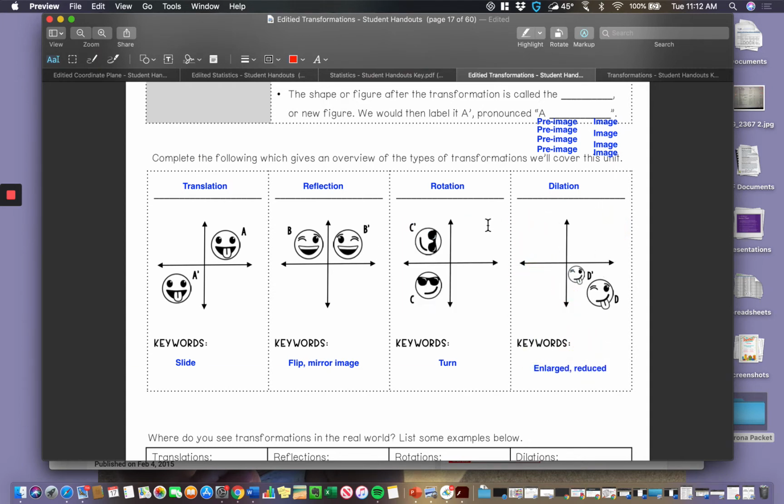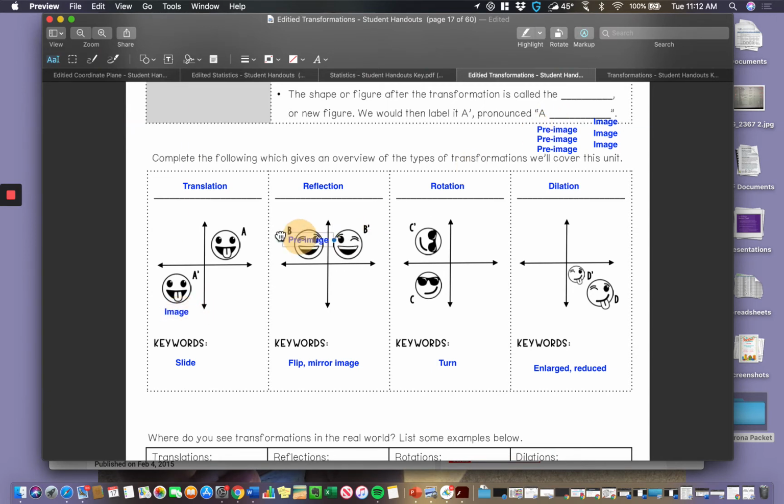Now they want us to label our image and pre-image. You can always tell which is your pre-image, because it doesn't have this little accent mark. The little accent mark means that's your image, what happened after your translation.